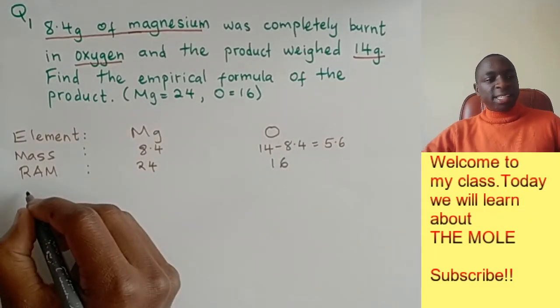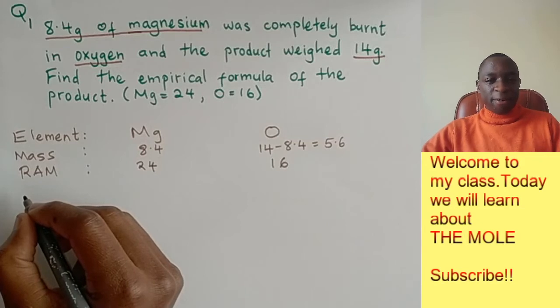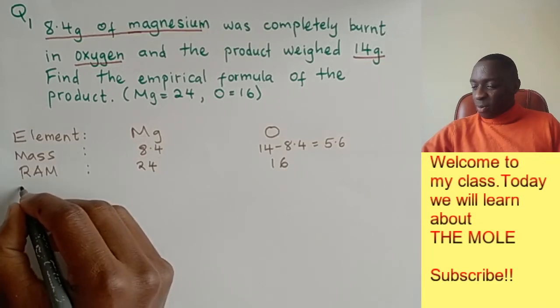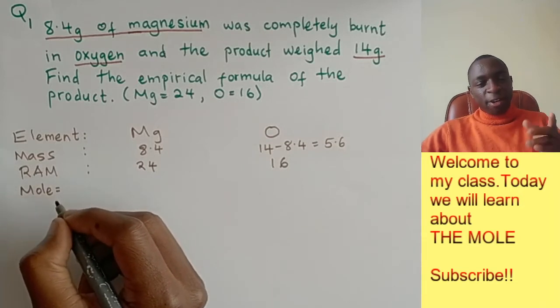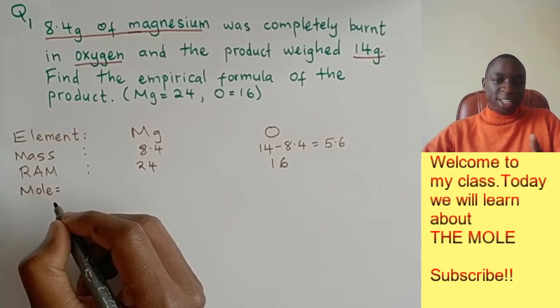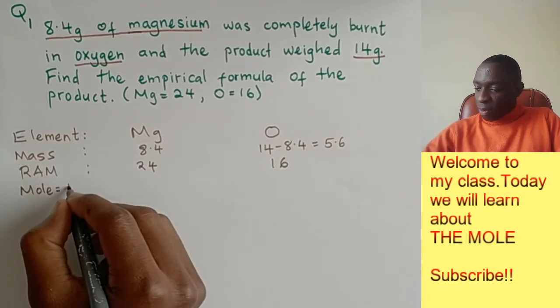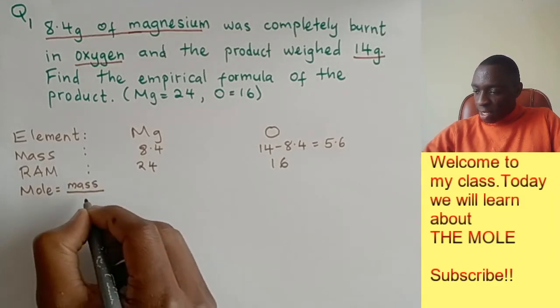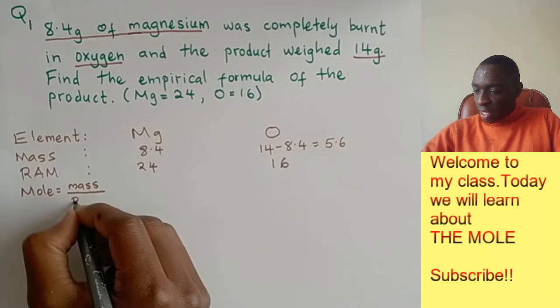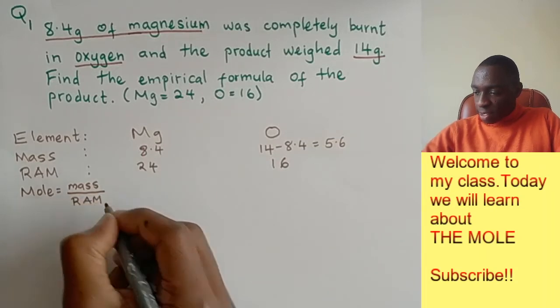So the next thing is what I like, my favorite, the mole. When you get to the mole, there is a simple formula that I gave you in a previous video. Be sure to check that one out: the mole is given by mass in grams divided by the relative atomic mass.